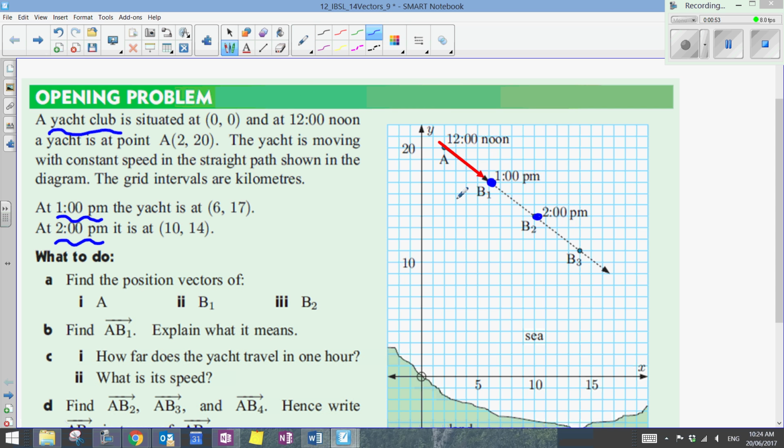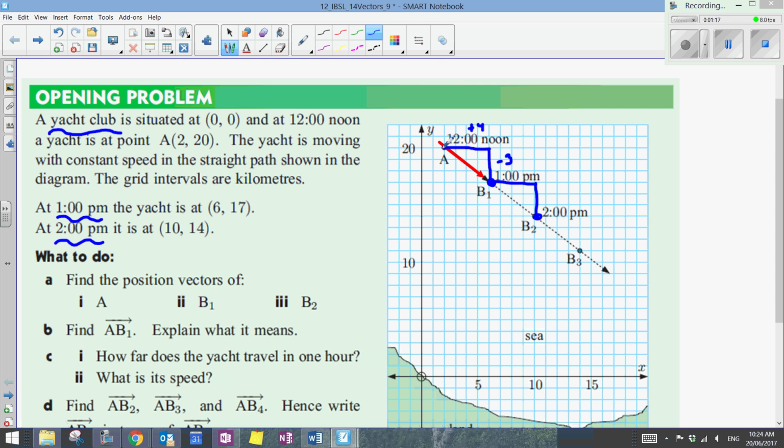And what we're noticing with the path of travel is that we are moving 4 units in the positive x direction, so +4, and we're moving down 3 units, so -3, in the negative y direction. And just so we can prove that this is linear motion, it happens again over that second hour, +4, -3.